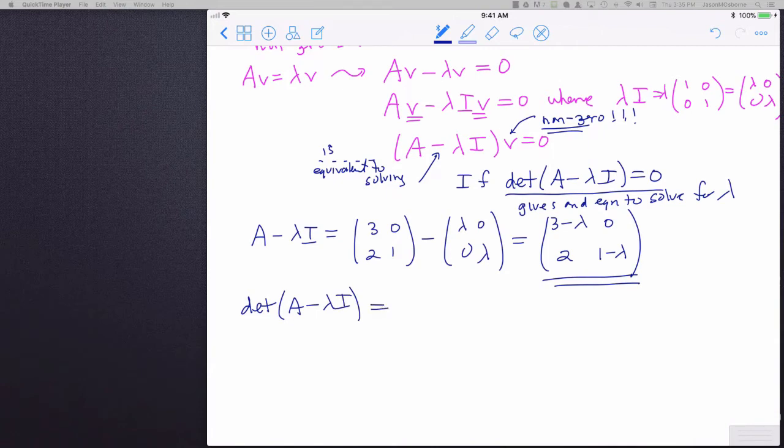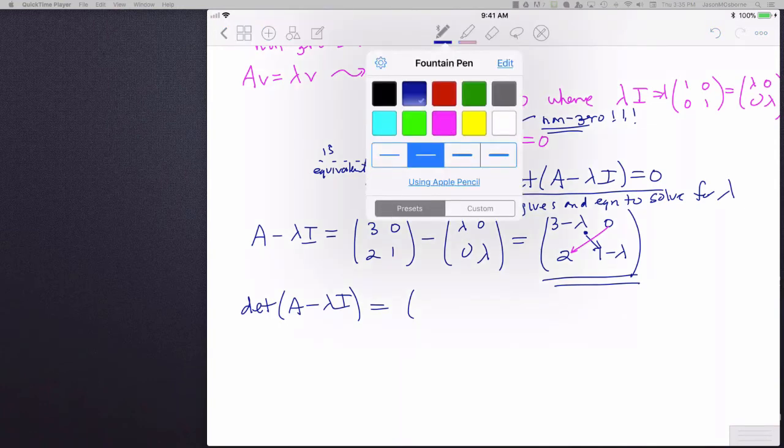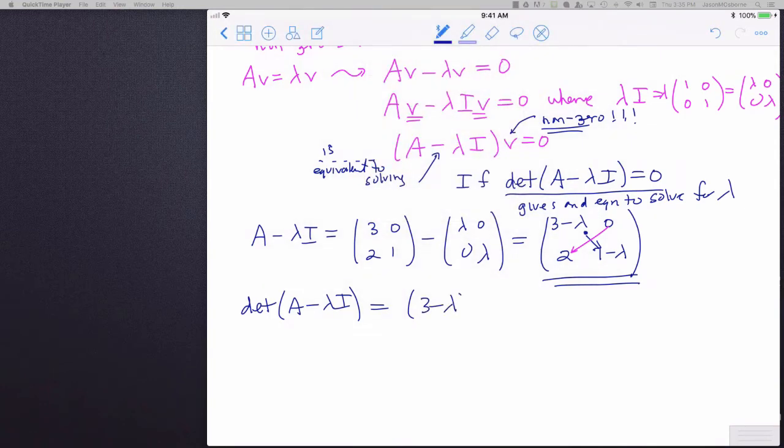Okay, the determinant of that will be the two diagonal entries multiplied, and then you're going to subtract the product of the off diagonals. So you'll get, in this problem, (3 minus lambda)(1 minus lambda) minus 0 times 2, which leads you to (3 minus lambda)(1 minus lambda).